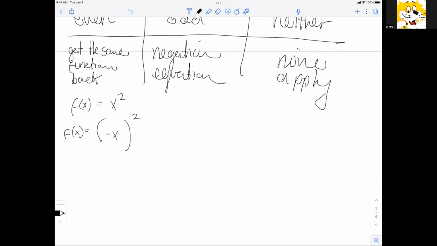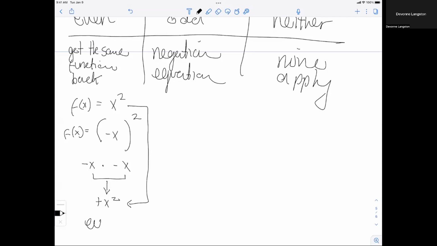It's like negative x times negative x, which gives me positive x squared, right? Did I get myself back? Yes. And this is even. If you get your equation back, you're even.